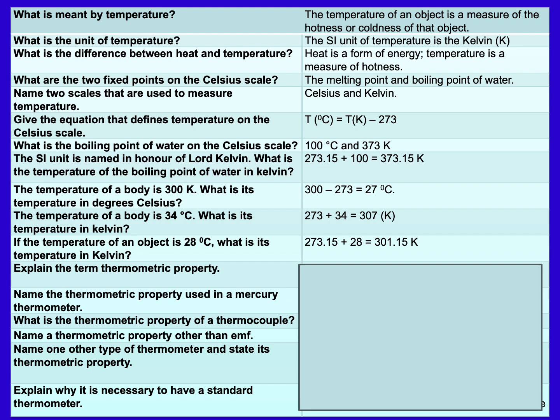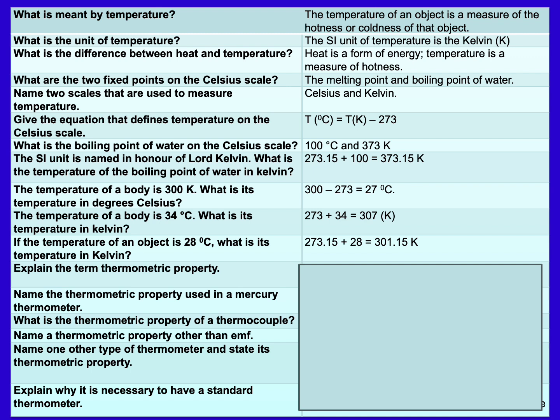So adding that 273, or being more precise, adding 273.15. You should have gotten there 307.15 Kelvin and 301.15 Kelvin. So a lot of maths there in a quick couple of minutes.